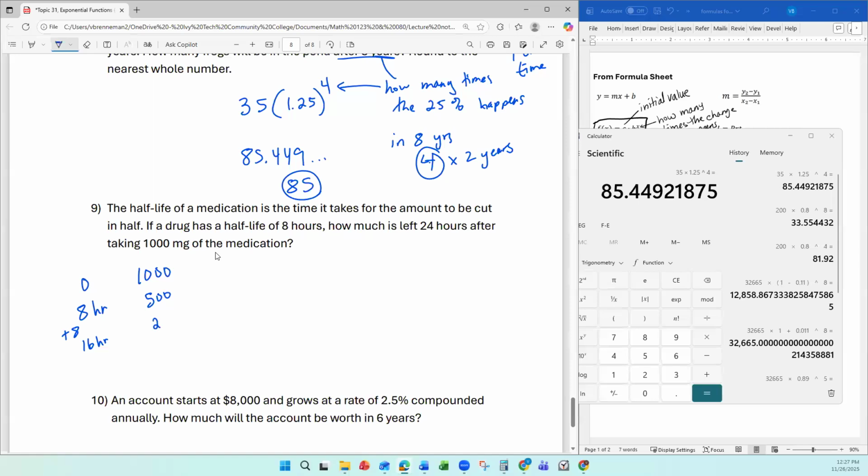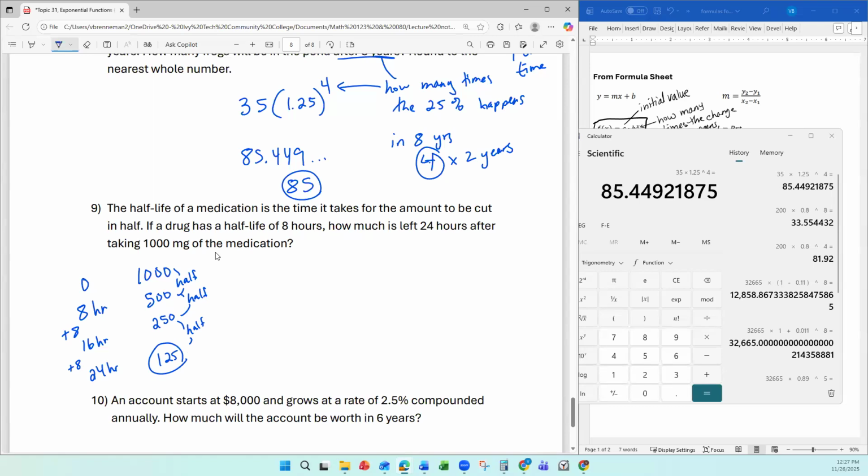So half of the 500 is 250. Then another 8 hours. Now at 24 hours, half again. So each time going half. Half of the 250 is 125. So 3 half-lives there, 3 times the 8 hours. Not that complicated to just do it one step at a time.